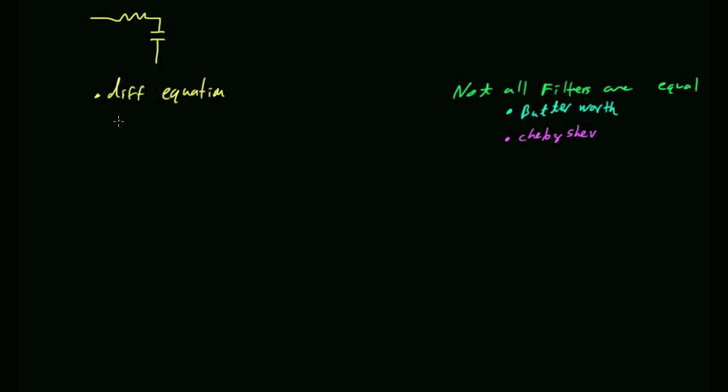So it had a differential equation that was the derivative of the output voltage plus the output voltage over RC equaled the input voltage over RC. Is that correct?